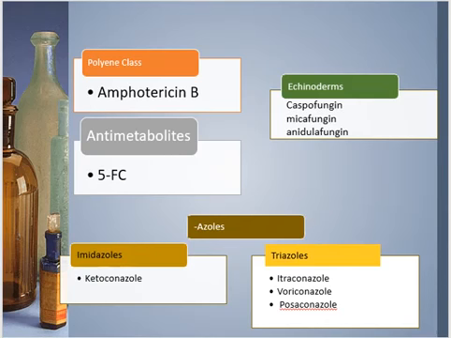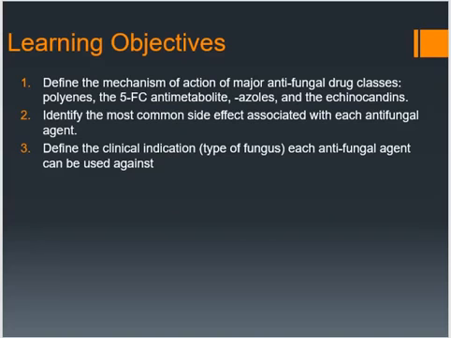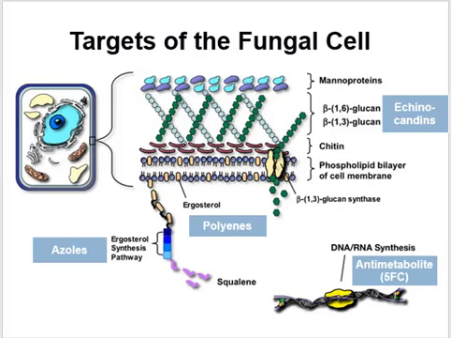And then the last group, which are the azoles, and those can be further subdivided into the imidazoles, such as ketoconazole, as well as the triazoles, which include itra-, vora-, and posaconazole. Okay. Learning objectives stated here, pretty straightforward. Relatively simple group of lectures this go around.